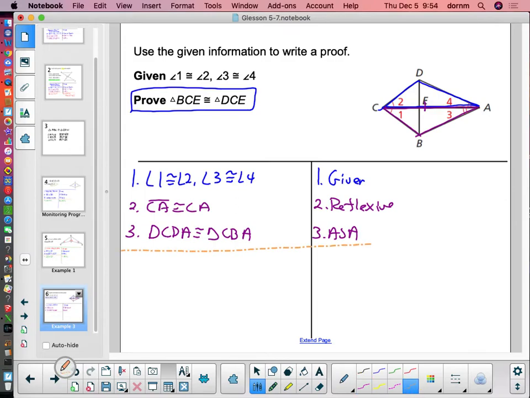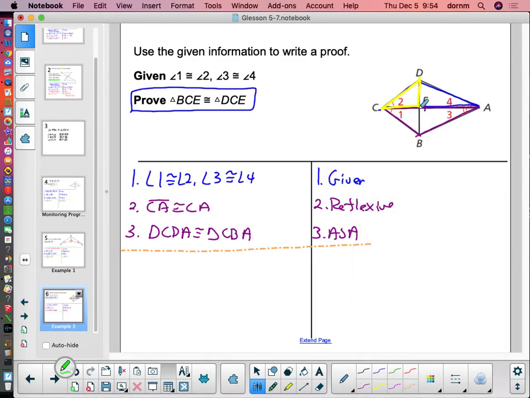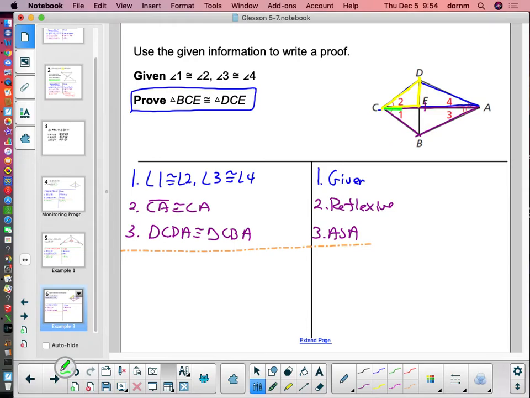Now I can use CPCTC. Now, here's where I got to think strategy. All right, fine. I've got those triangles that are congruent. Remembering, I want to go for these 2 triangles. Really, I'm looking for this triangle and this triangle. Should have given me a better color. Let's try again. This triangle.